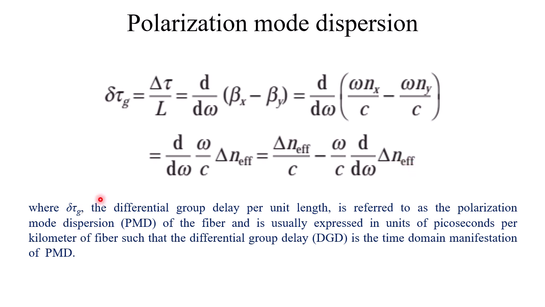So delta tau g is the differential group delay per unit length, referred to as the polarization mode dispersion of the fiber, and is usually expressed in units of picoseconds per kilometer of fiber, such that the differential group delay is the time domain manifestation of polarization mode dispersion.